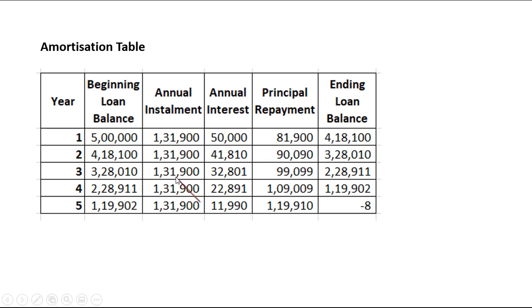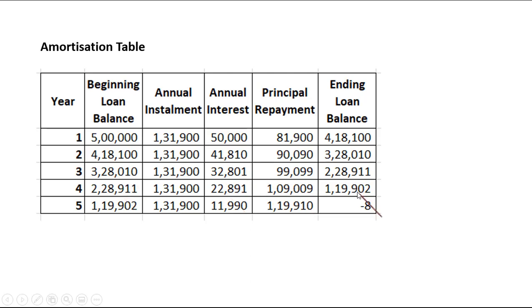Again, taking the installment of 131,900, which is always fixed, we calculate 10% of this beginning loan balance to get this annual interest. We subtract these two to get 99,000 as the principal, and then we subtract this and this to get the ending loan balance, which is again repeated. 10% of this is 22,000. This minus this gives us this.